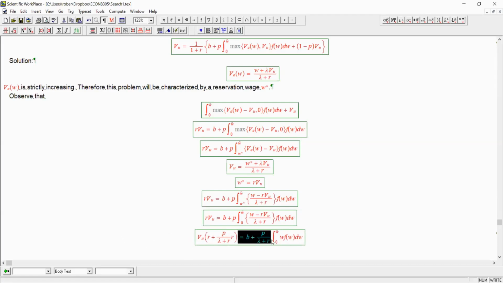Divide both sides by what's multiplying VU. And we have that VU, if we assume that W star is 0, is positive. This is B, the expected value of a wage offer, and this is just some factor, as is this, both of which are positive.